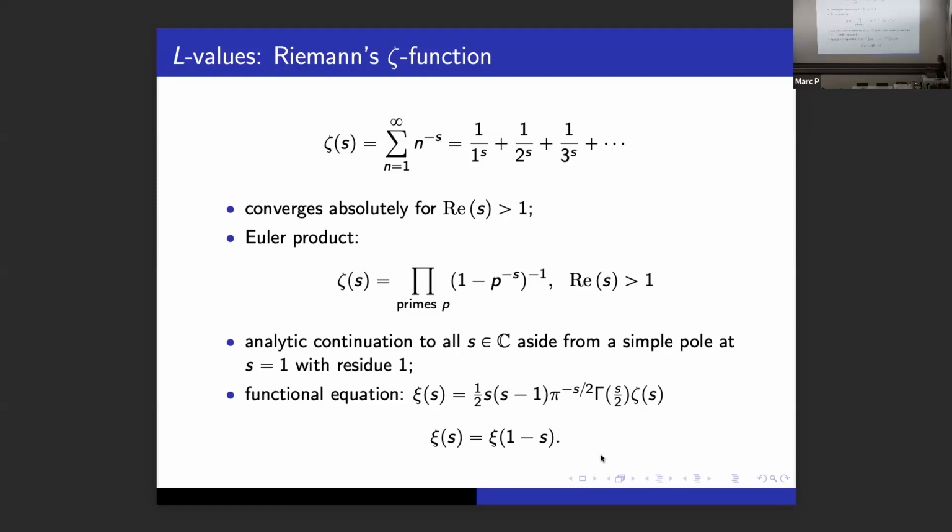It famously has an analytic continuation to all of the complex numbers, aside from a simple pole at the one point s equals 1 with residue 1.